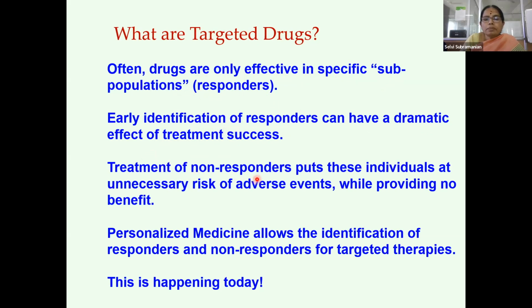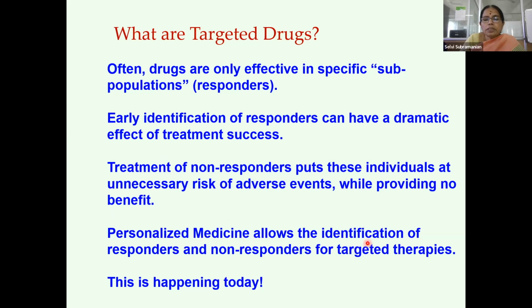Treatment of non-responders puts these individuals at unnecessary risk. If you are not a responder but you are taking that drug, and that drug can cause a lot of adverse events in your body, it is not a medicine, it is like a toxin to you while providing no benefit. So you have to first find out whether you are a responder or a non-responder.